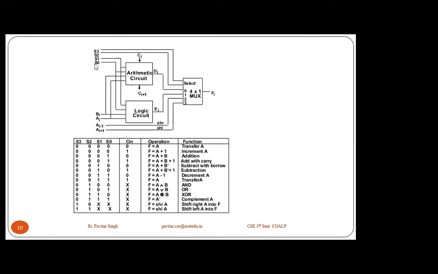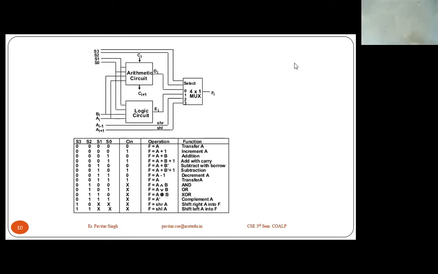So after that, the value of S0. I have told you this circuit will perform a total of 14 micro operations.